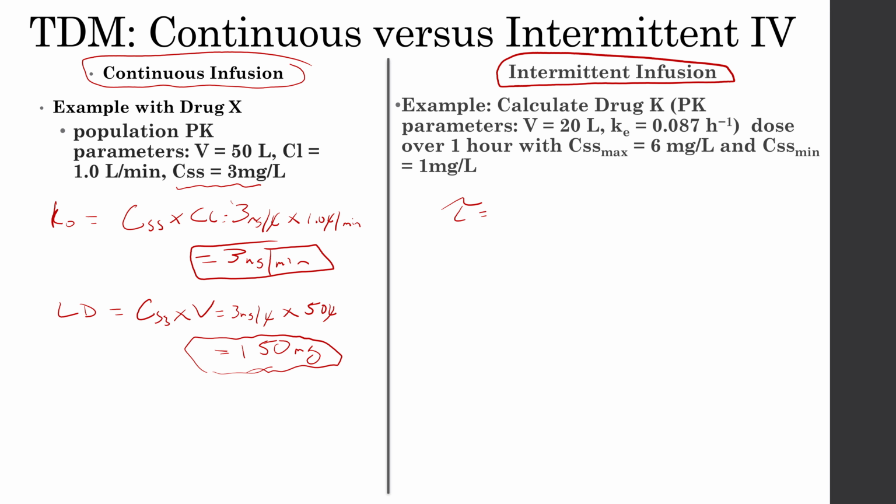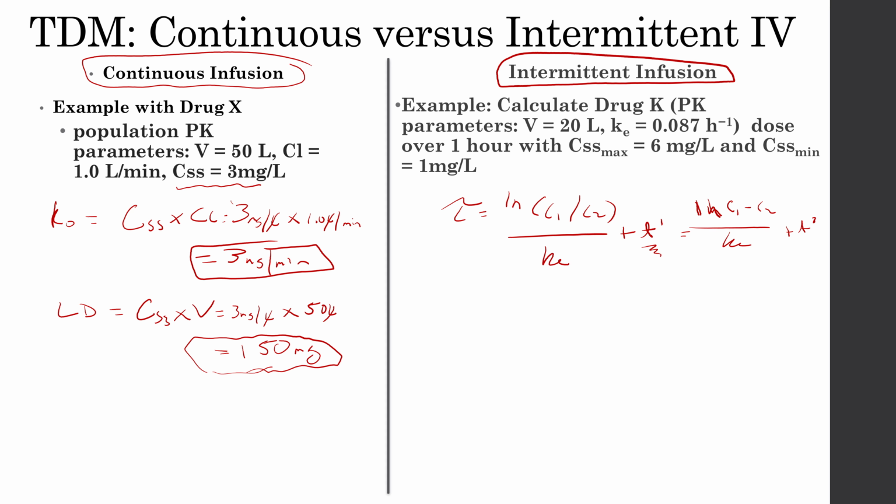If you look at the equation sheet, tau looks like this, ln C1 over C2 over KE plus T prime. You have to incorporate, for an intermittent infusion, the infusion rate. And a little trick of the trade here, this is also equal to ln of C1 minus C2 over KE plus T prime.